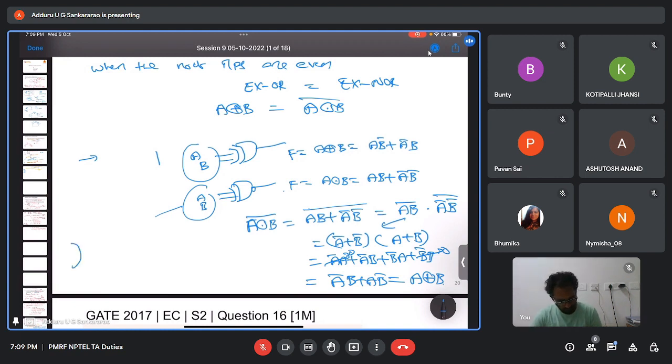Let's say a 4-input XOR gate I'm taking, with inputs A, B, C, D. Output is F, A XOR B XOR C XOR D. If I take the complement of F, okay, then I'll get the XNOR.